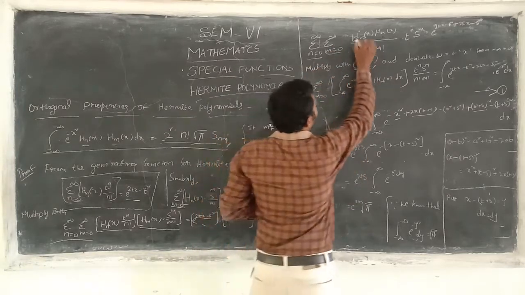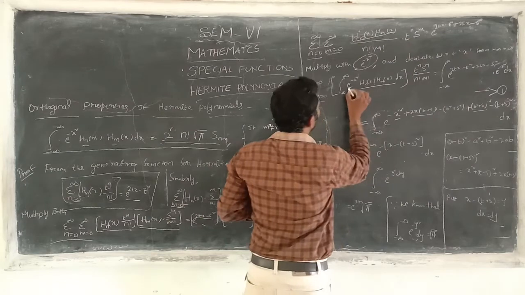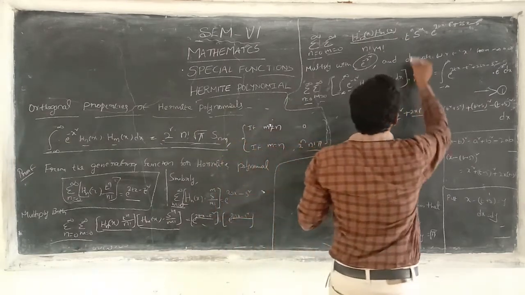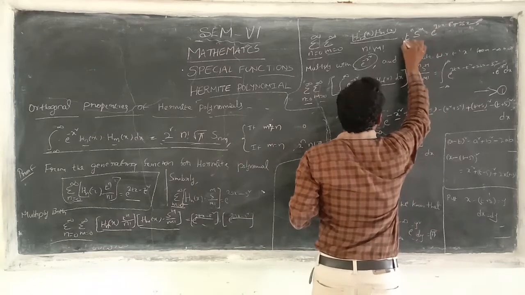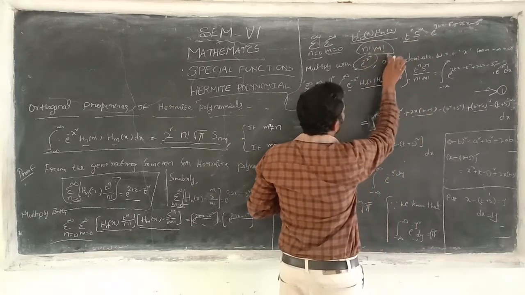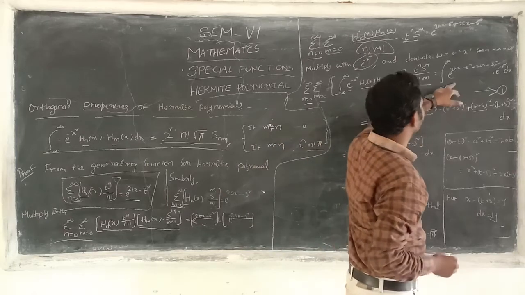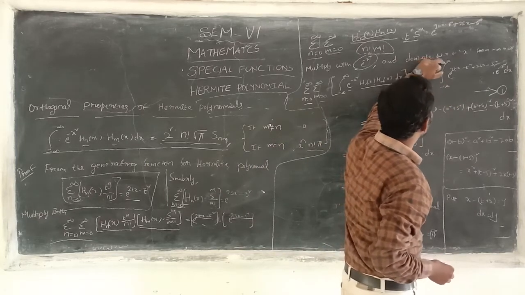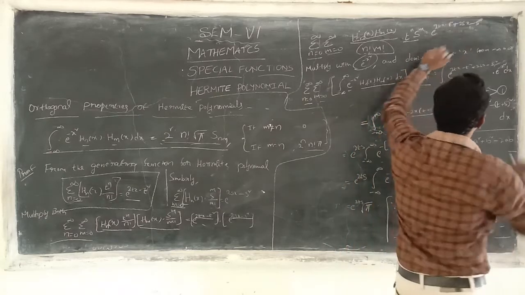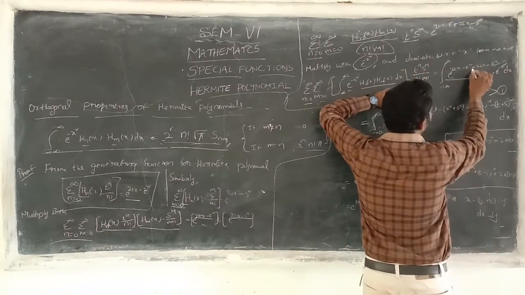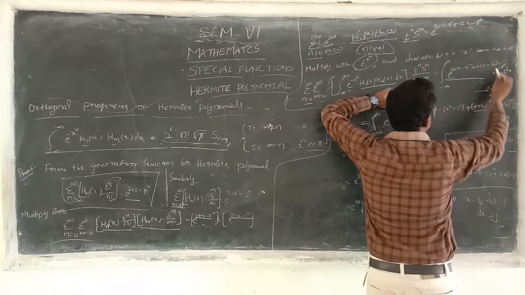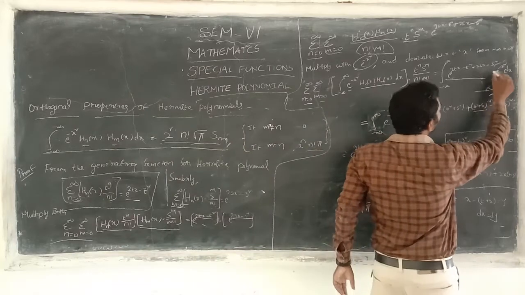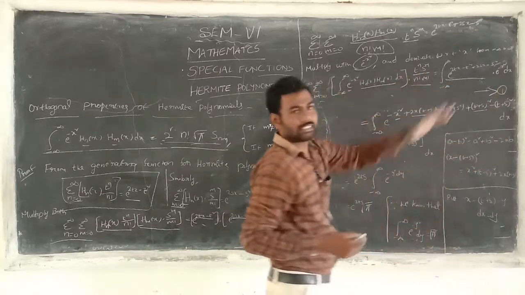So Hn of x into Hm of x into e power minus x square dx, into t power n into s power m by n factorial into m factorial. On the right side, integration from minus infinity to plus infinity of e power 2tx minus t square plus 2sx minus s square, multiplied with e power minus x square. This is the first equation.